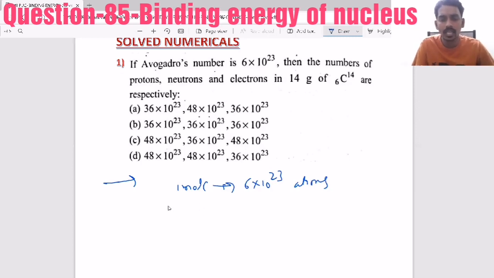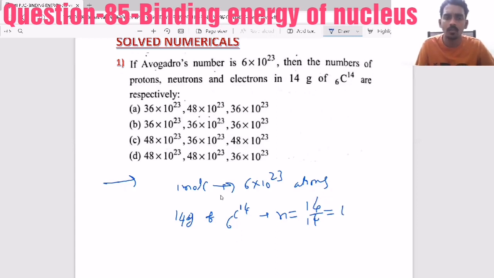Now, 14 grams of 6C14 means the number of moles is 14 by 14, that is 1 mole. So the number of atoms is 6 into 10 power 23.